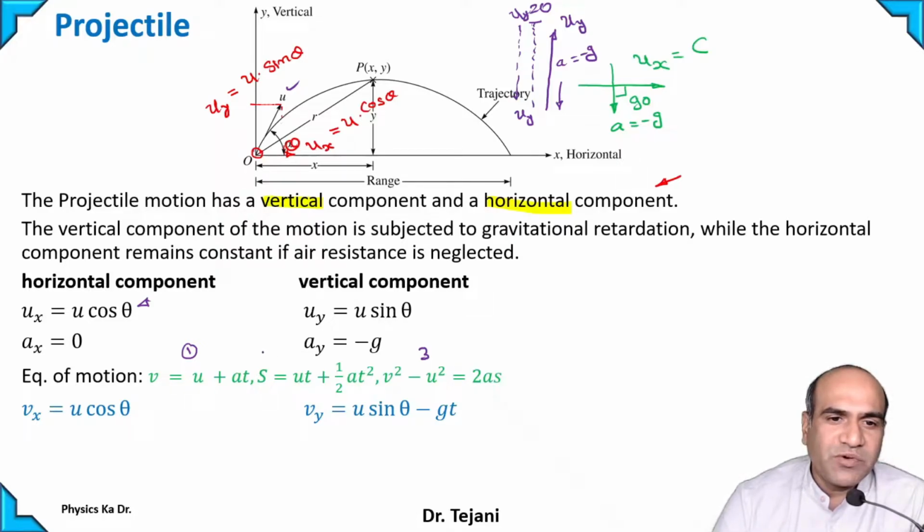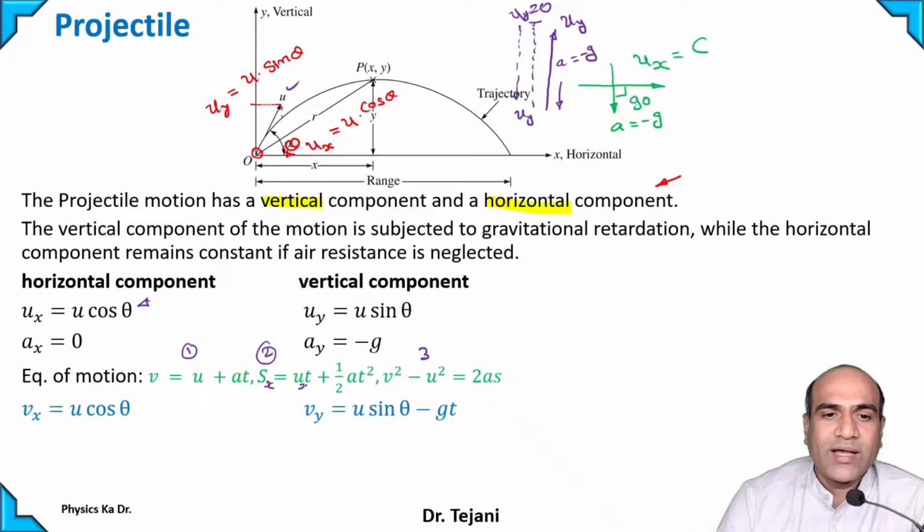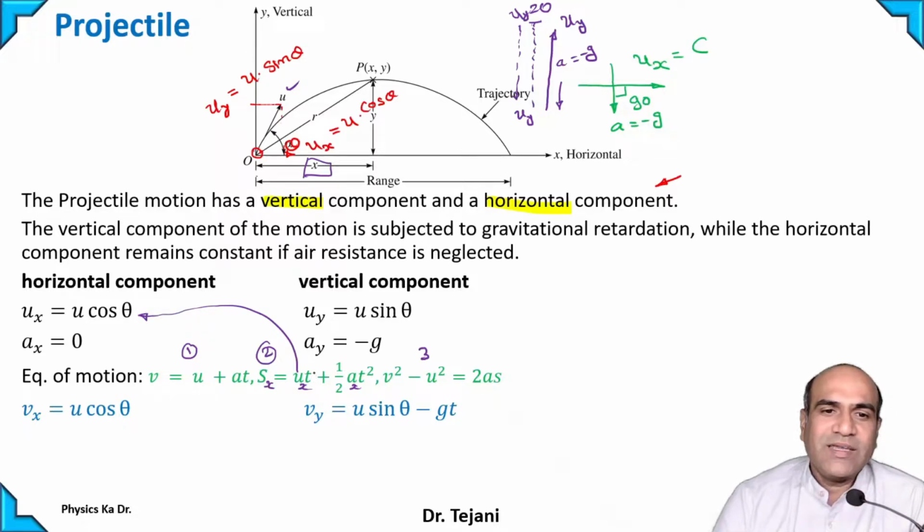Let us derive two more equations from the second one, s is equal to ut plus 1/2 at square. We can take sx as the horizontal movement, ux as horizontal, and ax. It is showing the horizontal direction, that means it is showing the value of x. So sx is equal to ut plus 1/2 at square. What is u? ux is equal to u cos theta. t is a scalar, therefore direction doesn't matter for time.